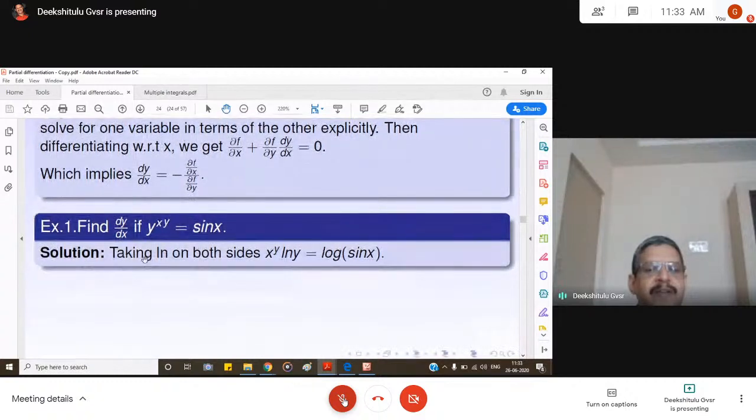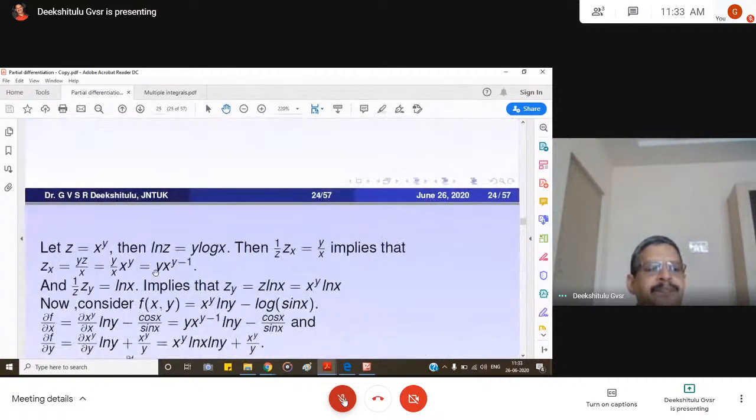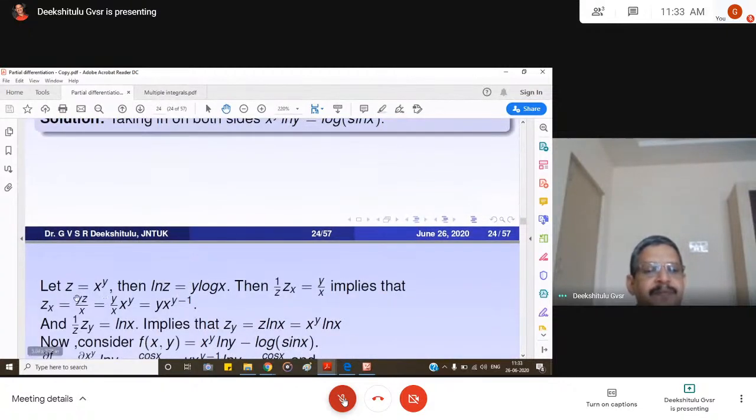So for this problem, take logarithm ln on both sides. It becomes x^y ln y = ln sin x. Now put x^y = z, then ln z, again taking logarithm, is y log x.